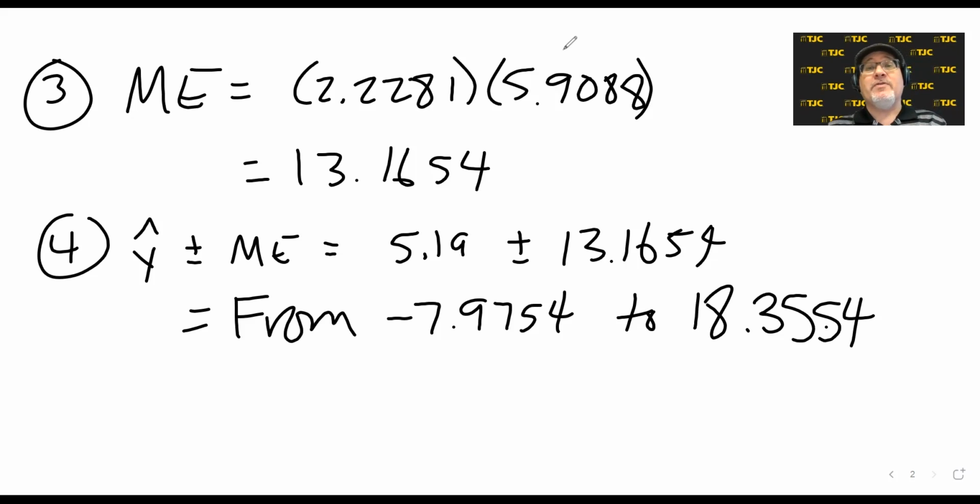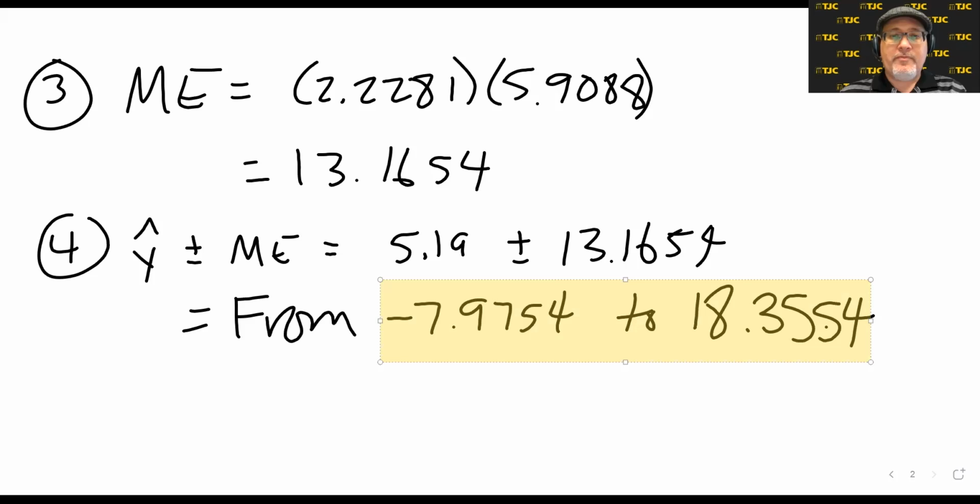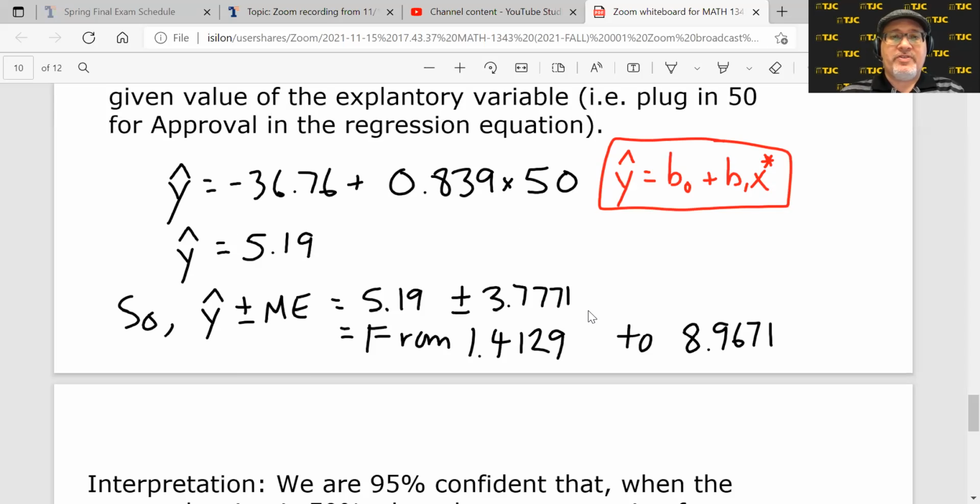And remember, the main difference between this prediction interval and the confidence interval that we got at the end of class last time, let me highlight that, because it's a PDF, but I can circle it.